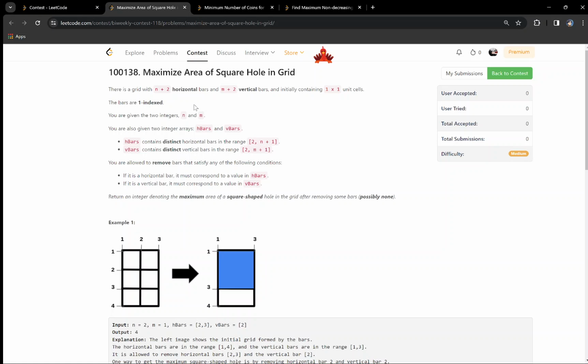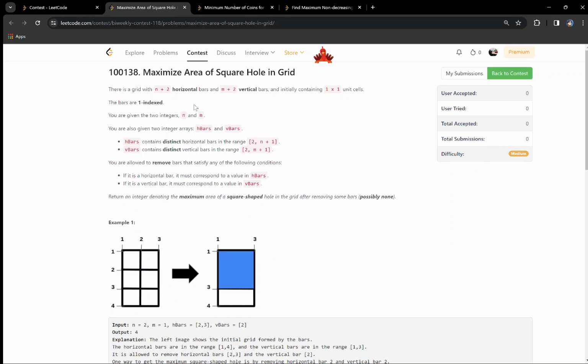You are also given two integer arrays hBars and vBars. hBars contains distinct horizontal bars in the range 2 to n plus 1. vBars contains distinct vertical bars in the range 2 to m plus 1.